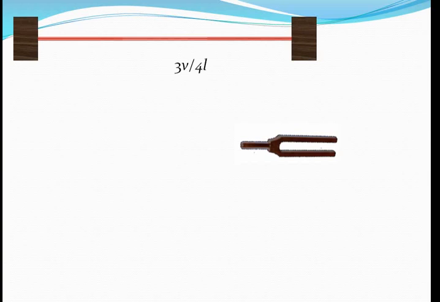The frequency of the string is given because L is the length of the closed organ pipe, which is given. V is the velocity of sound, which is given. So clearly 3V by 4L can be obtained. Since the tuning fork has a frequency difference of 4 Hz from the string, its frequency will either be 3V by 4L plus 4 or 3V by 4L minus 4.